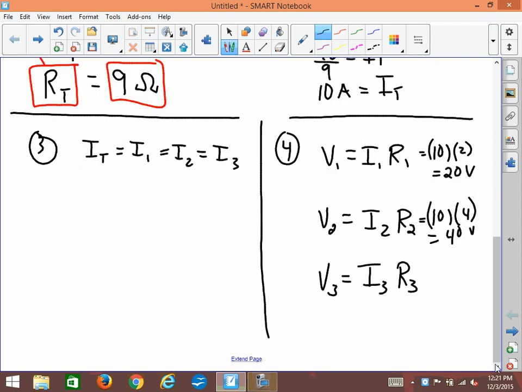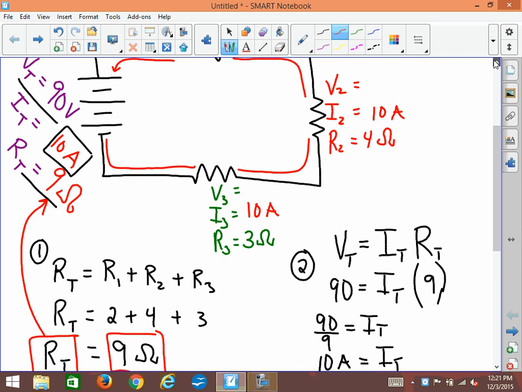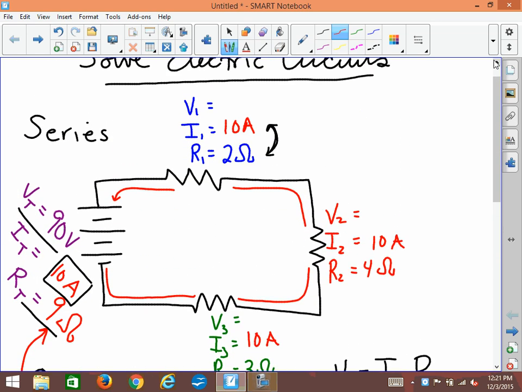And for the last one, we have 10 times 3, which is 30 volts. So 20, 40, and 30. We can go and put those numbers in, and lo and behold, we will be finished the circuit. 20 volts, 40 volts, and 30 volts.